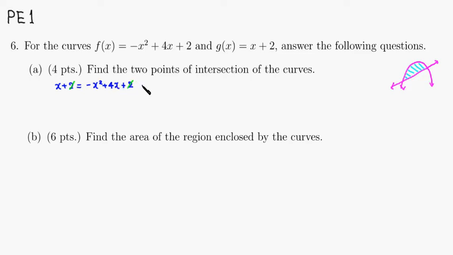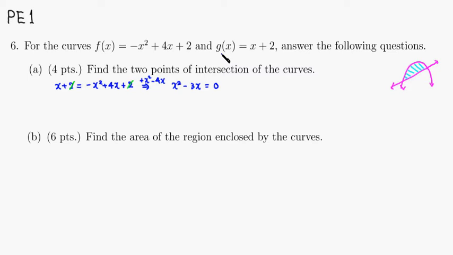Then I'm going to put everything on the left hand side, so I'm going to add x squared to get rid of this and subtract 4x. So you get x squared on the left, and x minus 4x is negative 3x, and everything's gone on the right hand side.